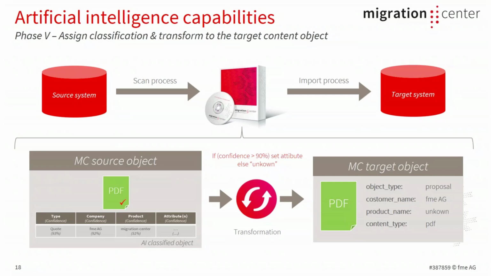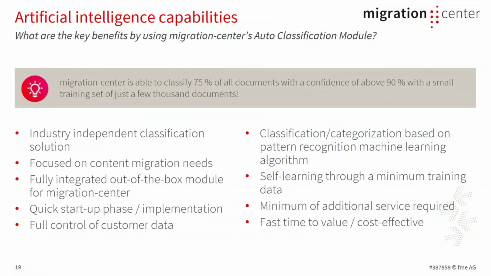If it is below 90% confidence for a value, I will just set, for example, the value unknown, or create another transformation rule which sets default values, or extracts information from additional data sources, if you like. Okay, that's more or less the process of our artificial intelligence based auto classification module.